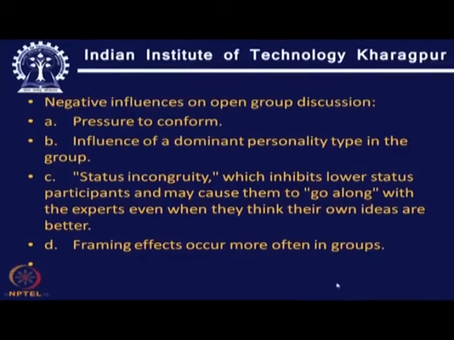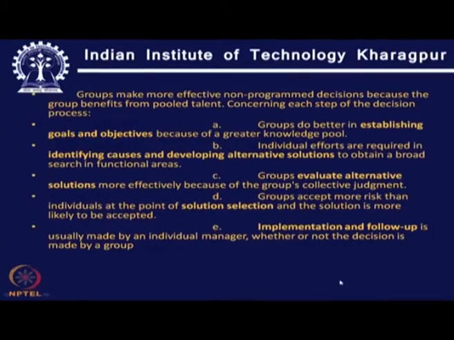So, all these processes may shift group decision making towards being more risky in nature. Next, we will try to see some of the techniques which are there when you are talking of decision making in groups, like brainstorming and nominal group technique, and then electronic mail.